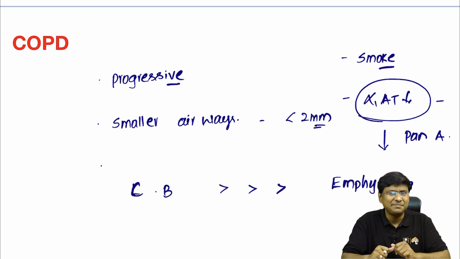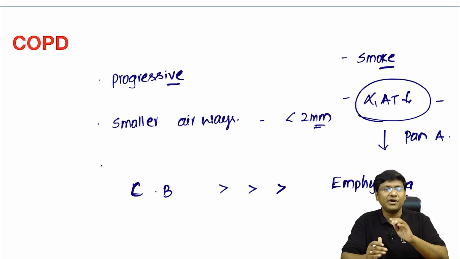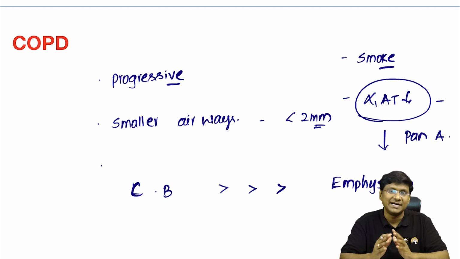Now what is that particular acinus? What are the components within the acinus? The components within the acinus are, number 1, the respiratory bronchioles, number 2, the alveolar ducts, number 3, the alveolar sac, number 4, the alveoli. These are the 4 important components of the acinus. So the entire acinus is abnormally and irreversibly dilated. That is your pan-acinar emphysema.